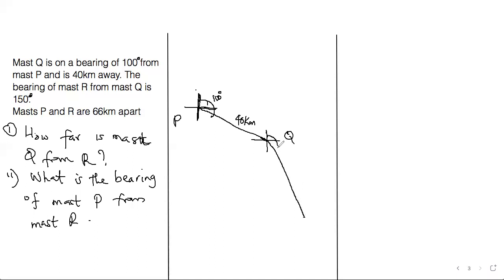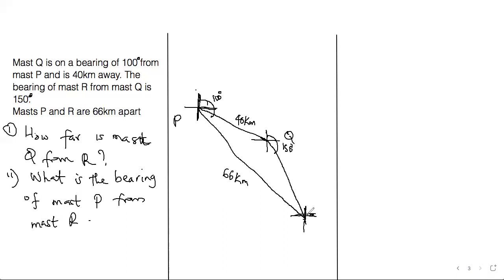So this should be 150 degrees. Now I can connect. We're told that P and R are 66 kilometers apart. So from here to here is 66 kilometers. Now I have the triangle. It's not a perfect one.